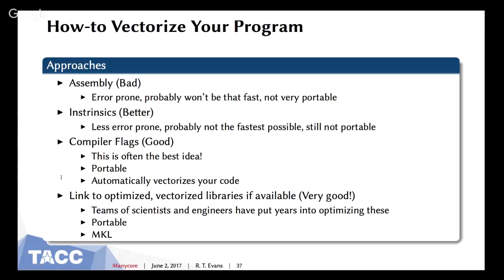Okay, so what should you do? I already mentioned this several times, but the first thing is try to keep your code clean. Try to write it in such a way that if someone read it, the compiler, it can figure out what you're trying to do, how you're accessing memory, and what floating point operations you're doing. Now, what this may mean is taking one loop and turning it into 6 different loops, to simplify the operations within the loop.